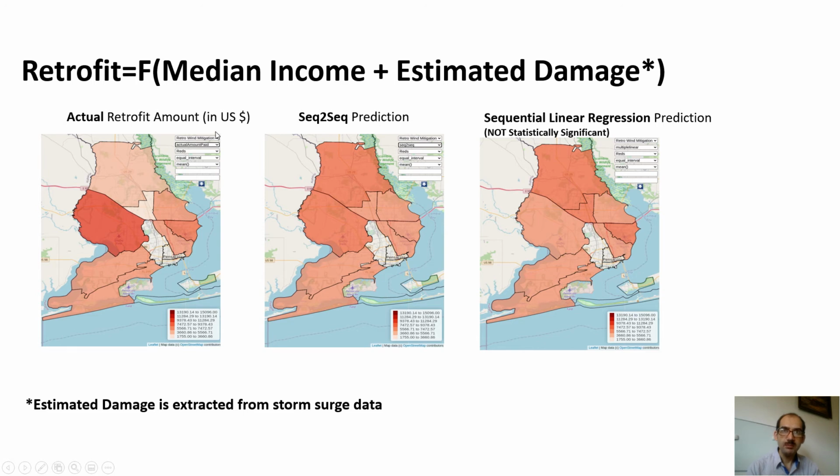For the second model I developed, I used estimated wind damage data from NOAA as an input to seq-to-seq and sequential linear regression. The result unexpectedly dropped in accuracy.